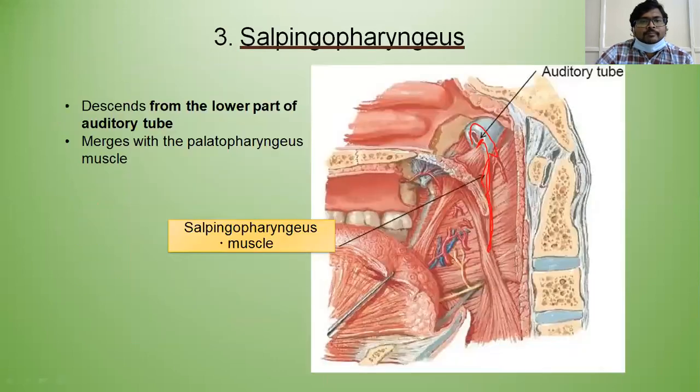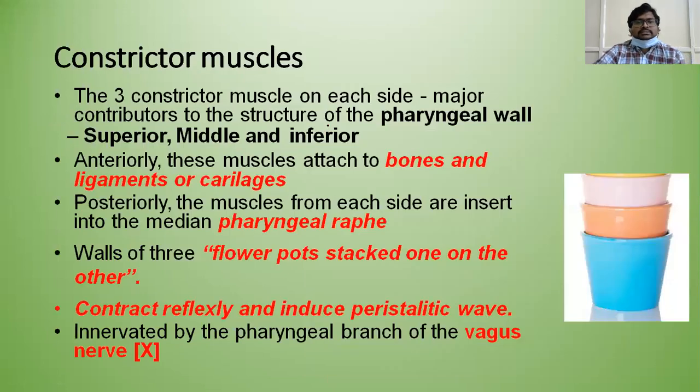Now coming to constrictor muscles. There are 3 in number on each side, and they form the major part of the pharyngeal wall structure. They are superior, middle, and inferior constrictor muscles.